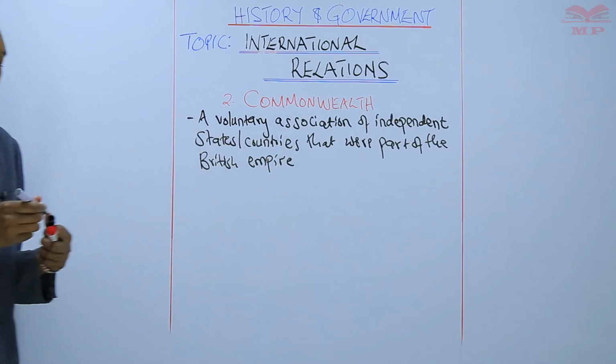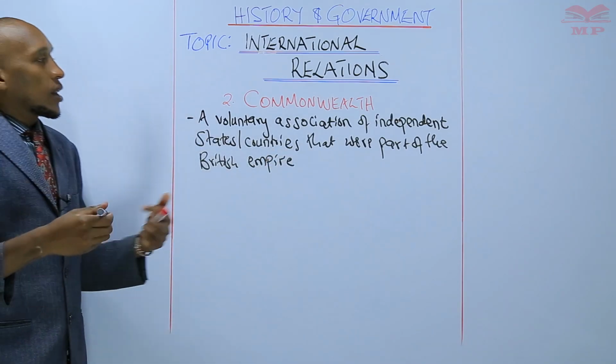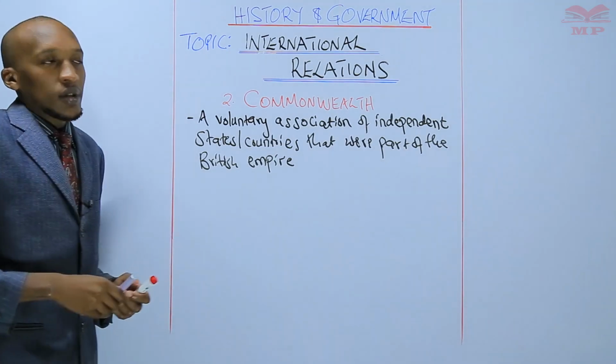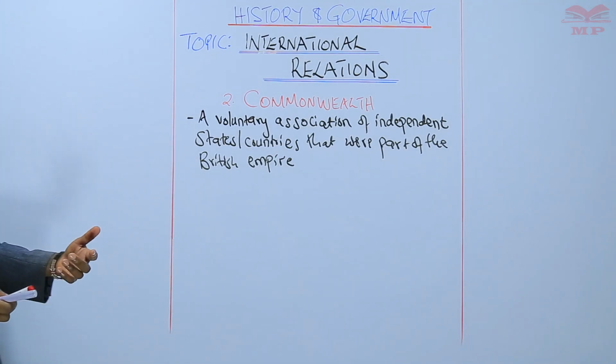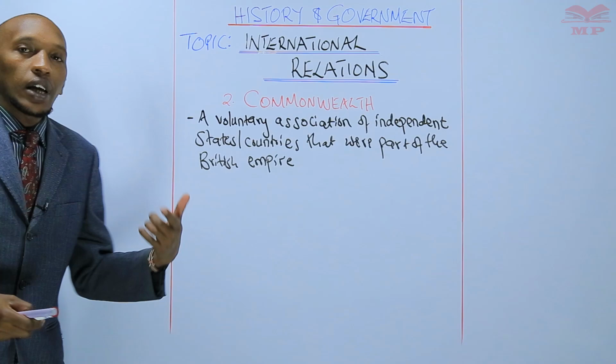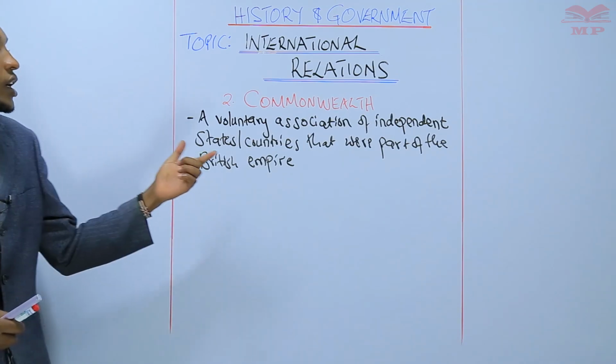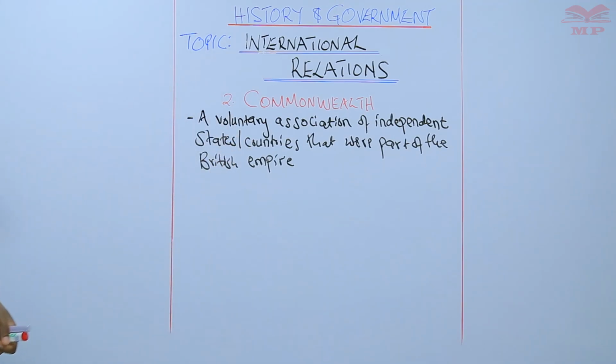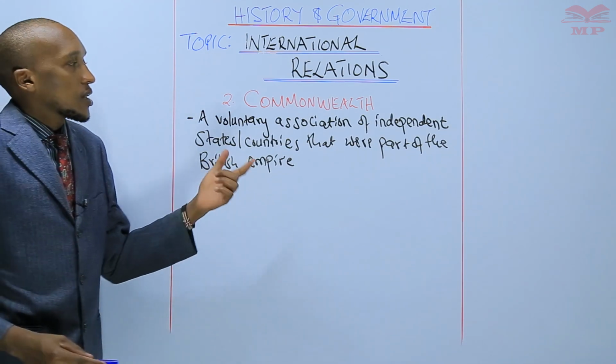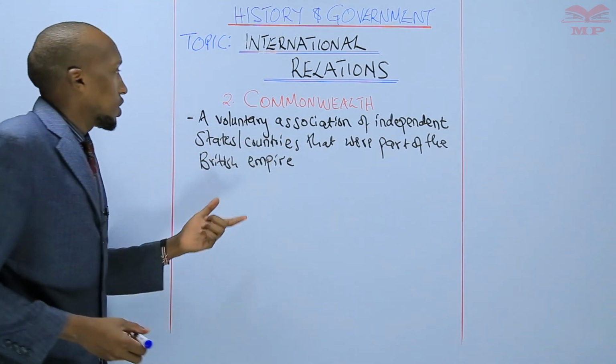So the Commonwealth organization is a voluntary association of independent states that were part of the British Empire.